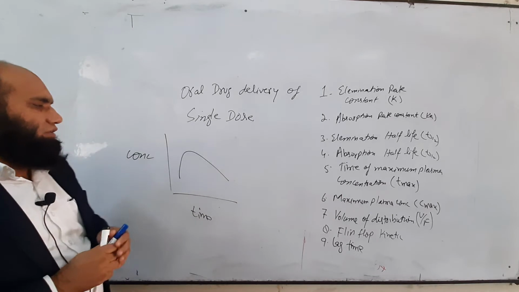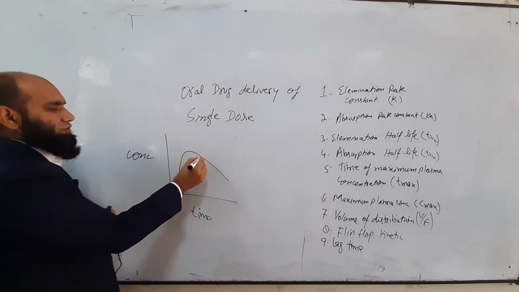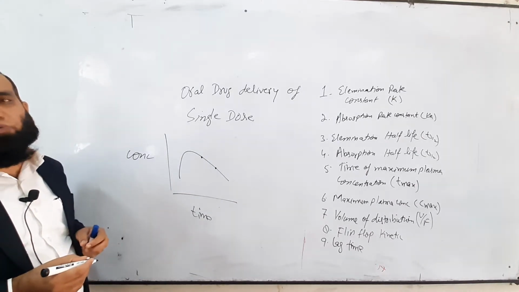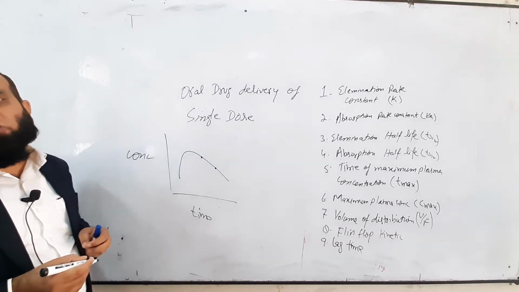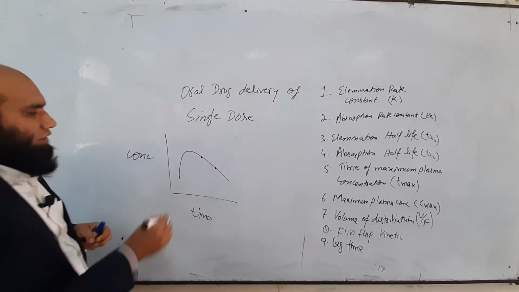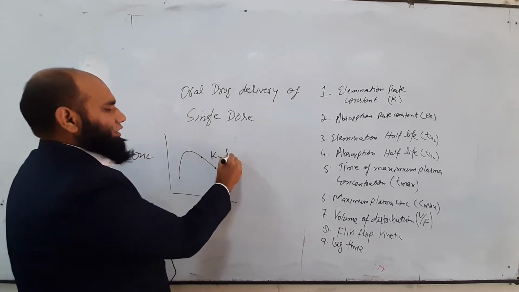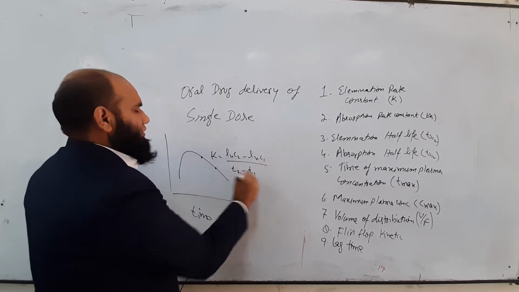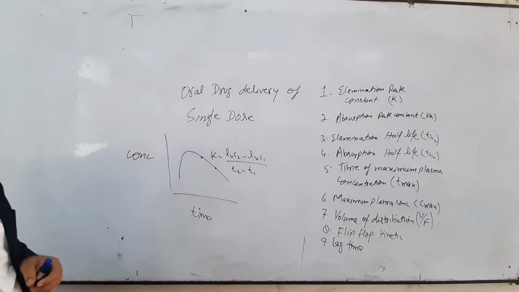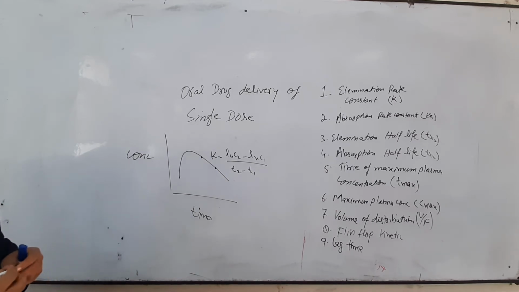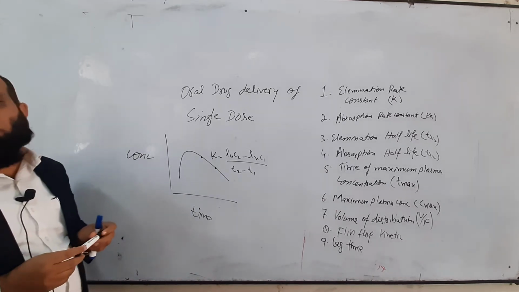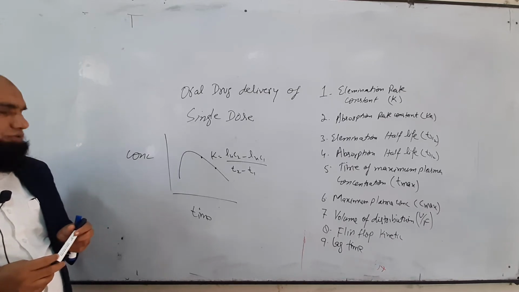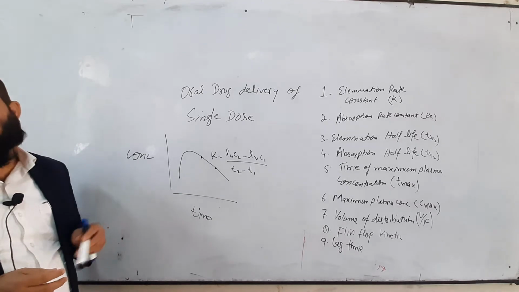When we get the rate constant K from the elimination area, we say this is the elimination rate constant, and we calculate it as ln C2 minus ln C1 over T2 minus T1, in units per hour, because we are assuming that the drug follows the one compartment model and first order rate kinetics.